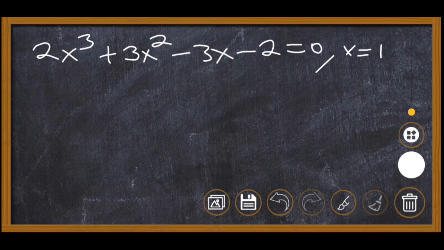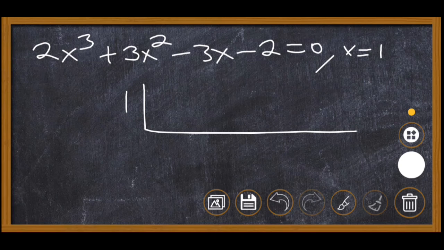Okay, so when we were factorizing in the previous video, which is part 2 of the polynomial functions, we said you can use the synthetic method. So let's do that.